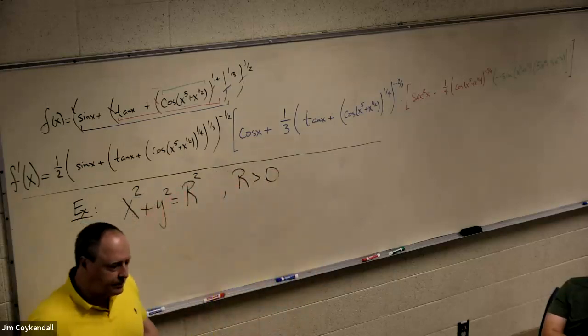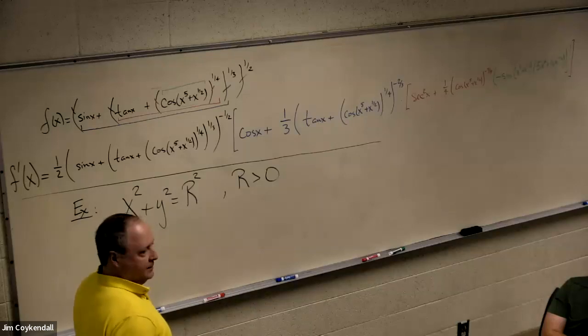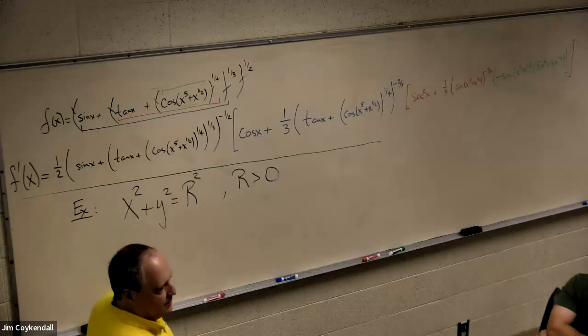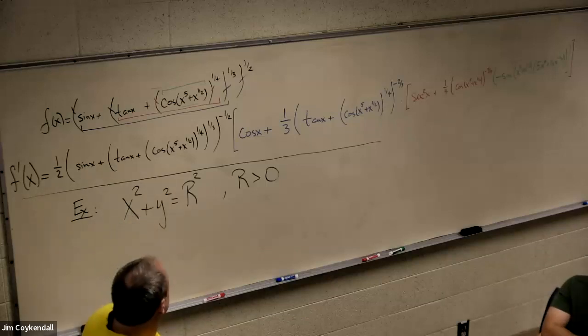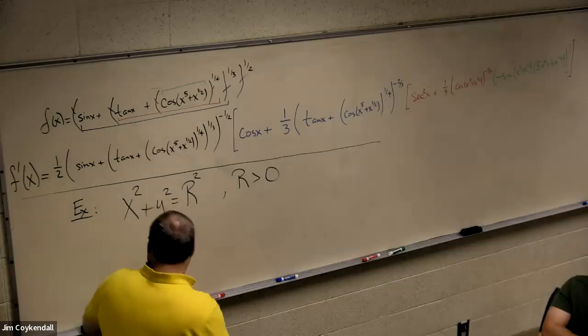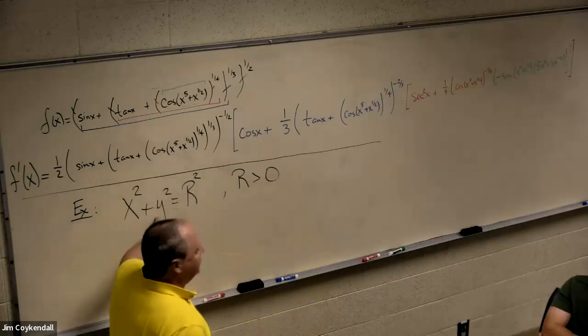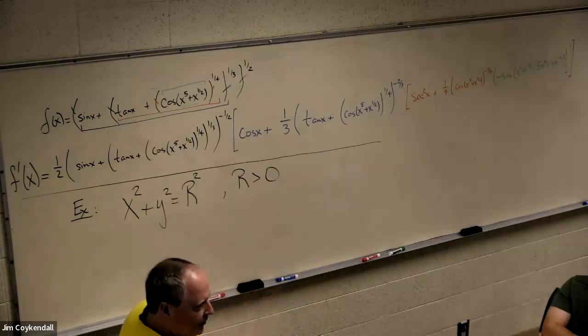Can anybody describe what this looks like? Well, R is just some number. So in fact, I'm going to look at the specific answer. But can you describe what all these points look like?